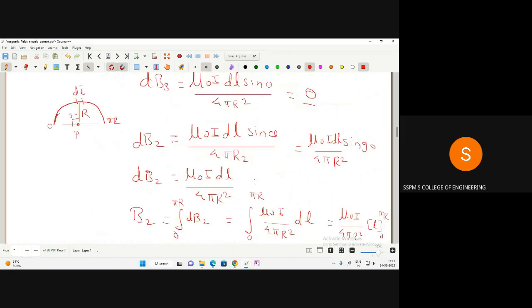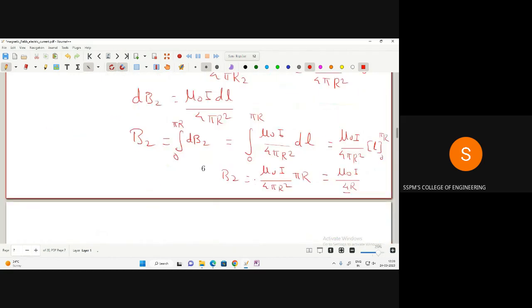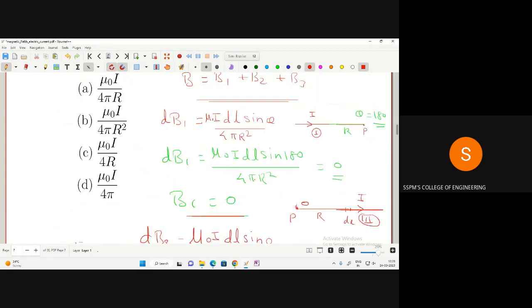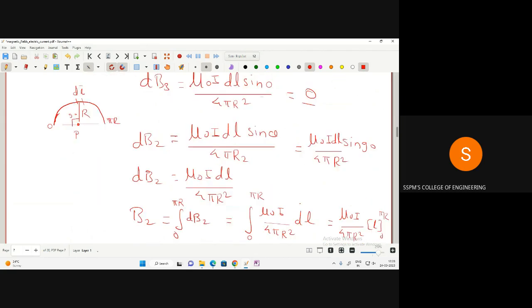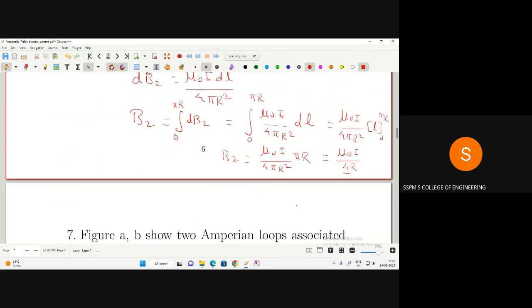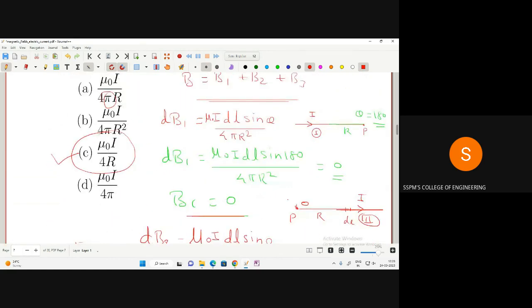B is mu 0 I divided by 4r. So this answer is the correct answer. Option C is correct. Option A is incorrect because pi is coming at the denominator, where B doesn't have any pi parameter. So option C is the correct option.